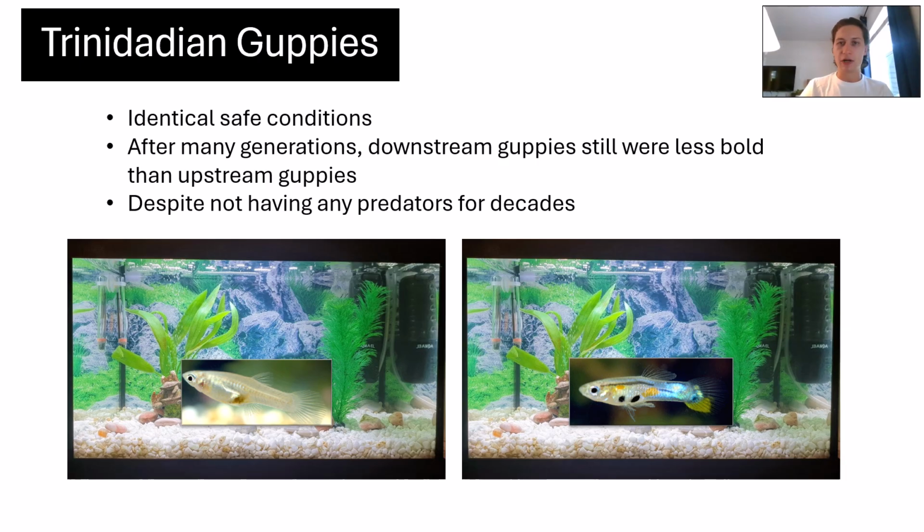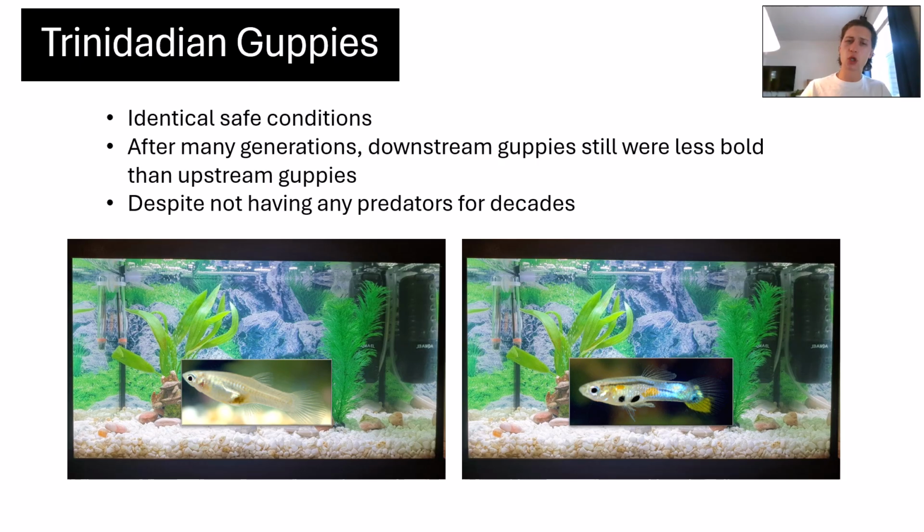They then let them live and reproduce for many, many generations, and then they measured their offspring's behavior. And what they found was that even after many generations, the offspring and the descendants of the downstream guppies were consistently more shy and less bold than the upstream colorful guppies.